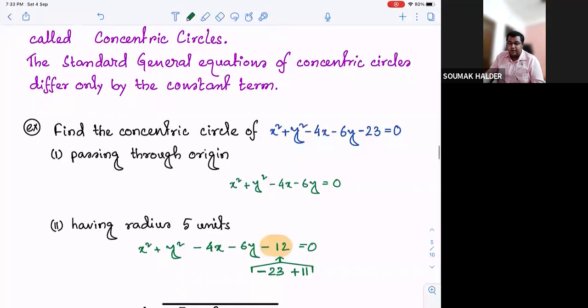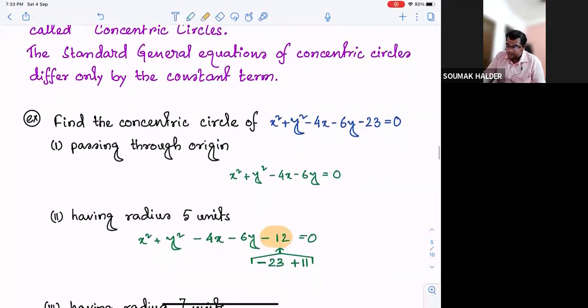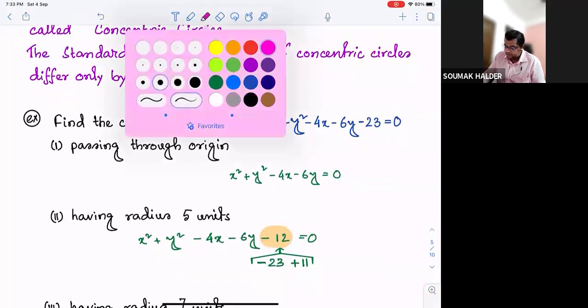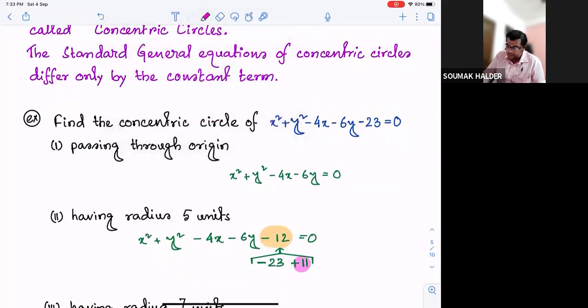Is it okay? Out of that, this particular section, this plus 11, is nothing but present radius square minus new radius square.